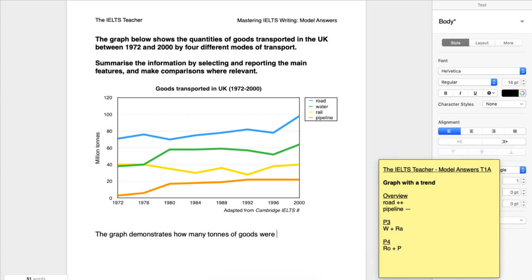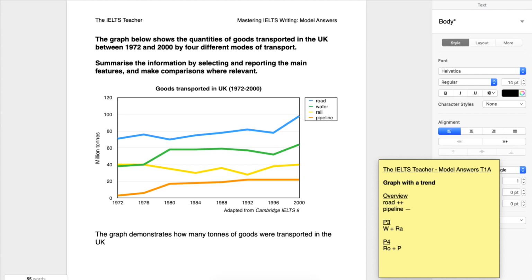We will use them later, but in this introduction, I want to convey the introduction with absolute accuracy. So I will use the same verb here, transported. How many tons of goods were transported in the UK? You may want to change the sentence structure around to improve a bit of paraphrasing there. How many tons of goods in the UK were transported maybe, but I think this is okay.